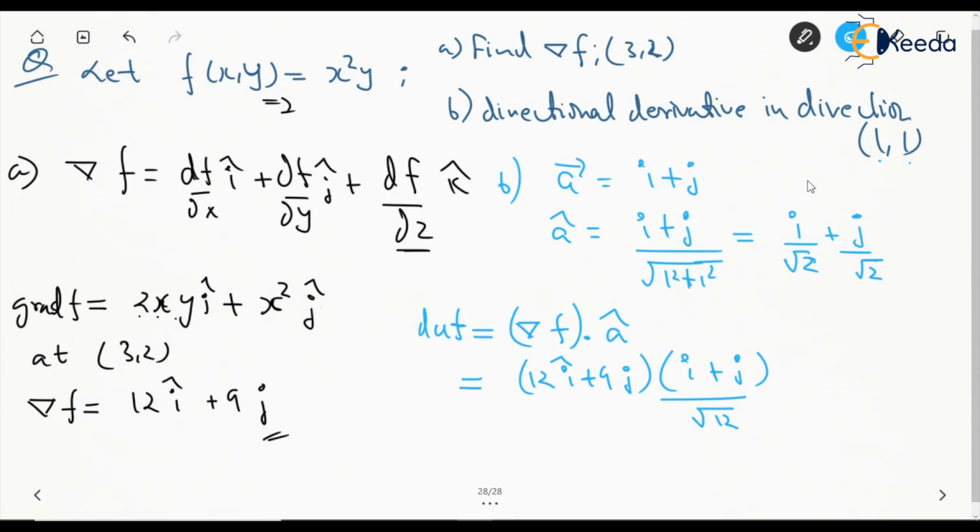So this becomes 12 i dot i and 9 j dot j, so 12 plus 9, which is 21 by root 12. This will be the value of the directional derivative in the direction 1 comma 1 for the gradient f given at 3 comma 2.